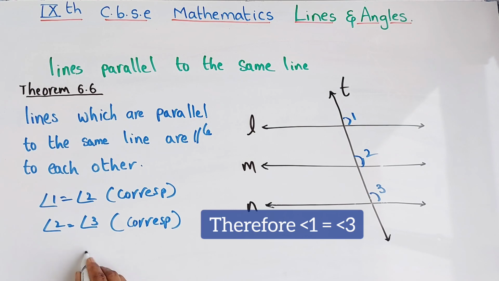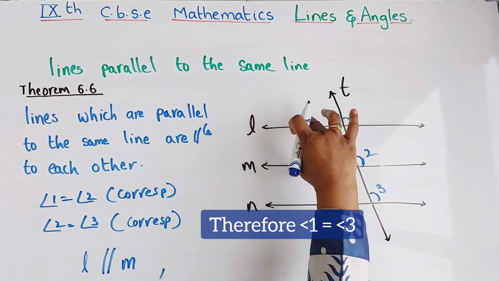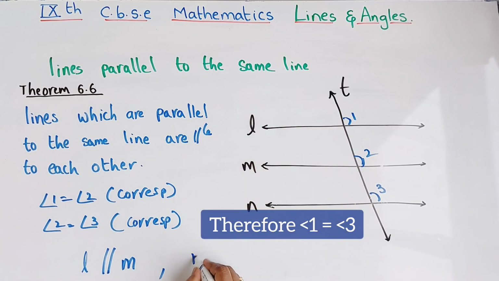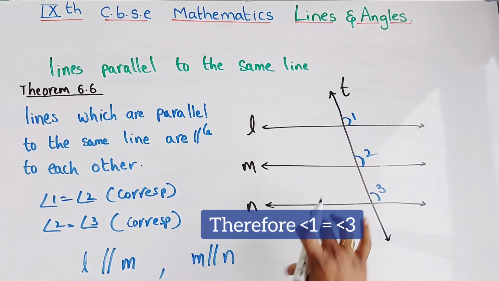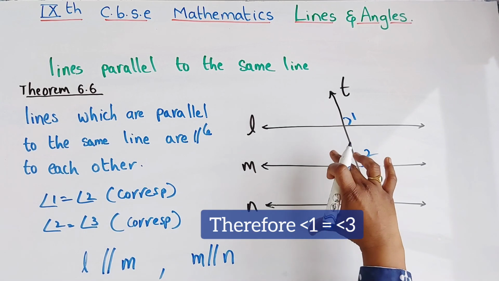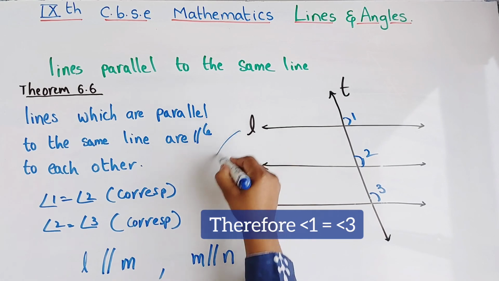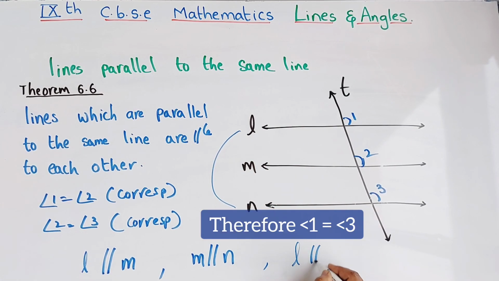So L line parallel to M, that means these two lines L and M. M line parallel to N, that means these two lines M and N also parallel. So now I can take L and N, first and third lines. L is parallel to N lines. L, N, right children?